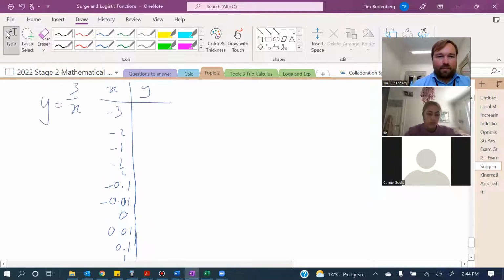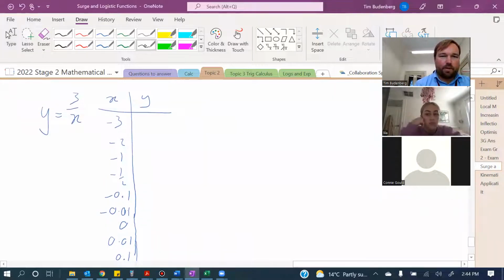All right, I know this looks crazy, but if we substitute these x values in, 3 divided by −3 is −1. 3 divided by −2 is −3 on 2. 3 divided by −1 is −3, then −6, −30, −300.